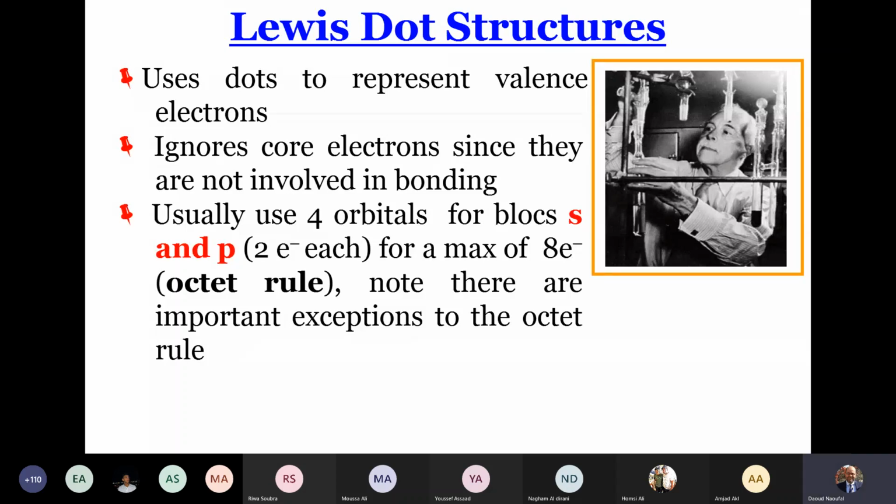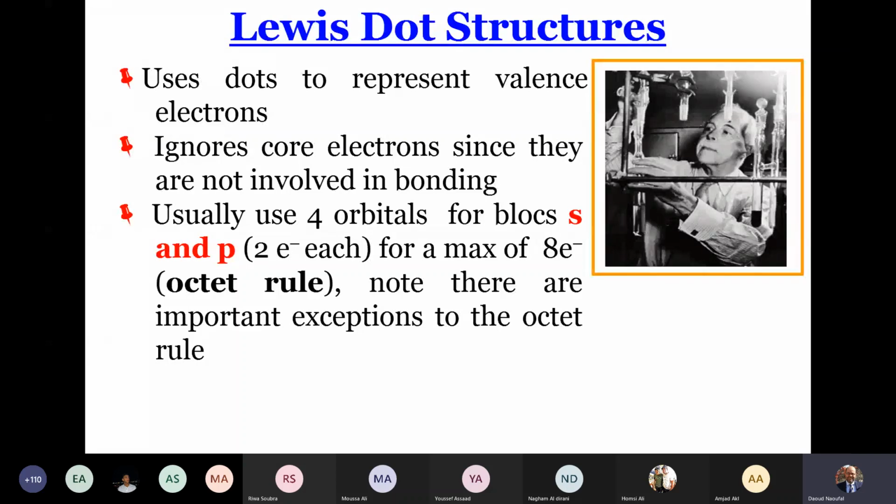And in each orbital, we have 2 electrons. So Lewis uses 4 orbitals, 4 rooms. In each room, we can have a maximum of 2 electrons. So 2 times 4 equals 8 electrons maximum, and this is the octet rule.